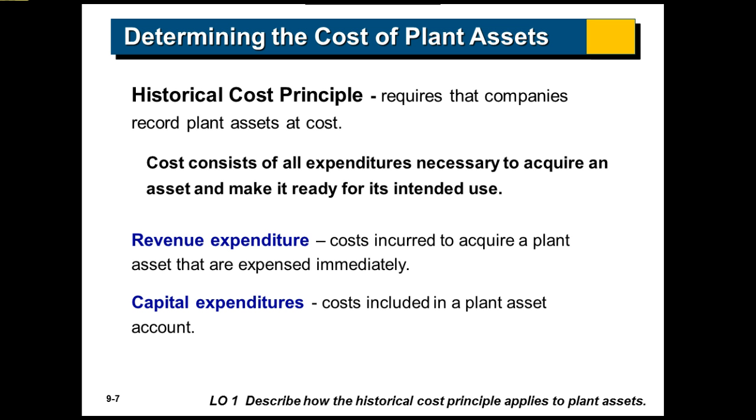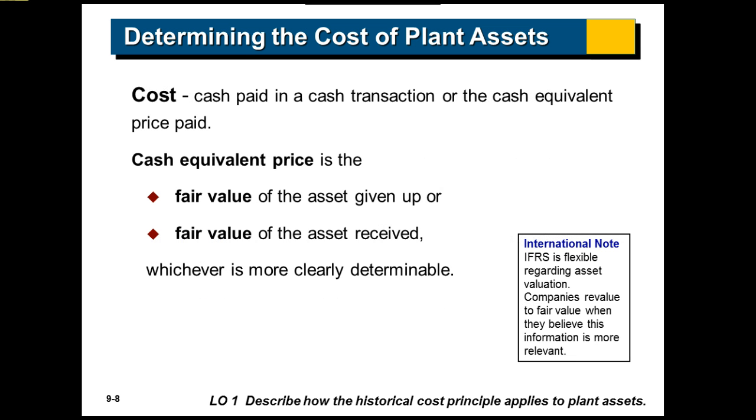The capital expenditures involve the cost of the asset, which is generally what you purchased it for, plus any shipping, sales tax, and those expenses that get it ready to be placed into service. For the most part, we capitalize those costs. So basically, the cost is what we paid.